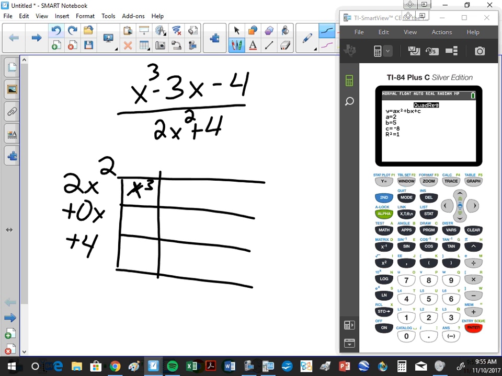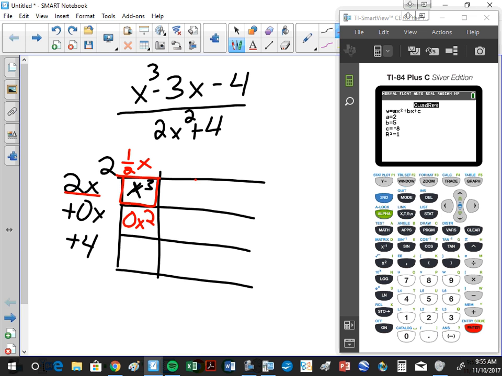What happens when you pull out a 2x squared from x to the third? 1/2 x, right? So what I'm asking is this times this needs to equal that. So this would have to be 1/2 x. And 1/2 x times 0 is 0x squared.